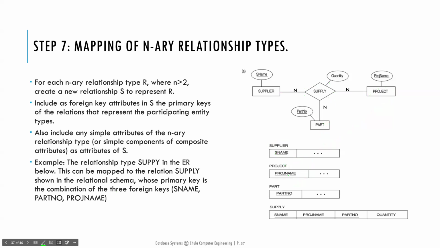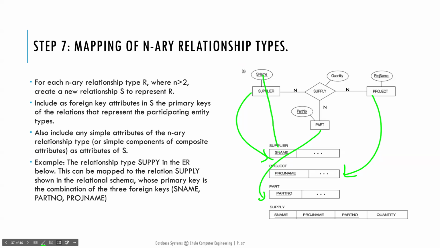So when you have a ternary relationship, first of all, if you see the results here, what you do is take each of the entities and convert it to a relation, right? One entity to one relation, one entity to one relation, one entity to one relation. So you take all the entities that you have in there.